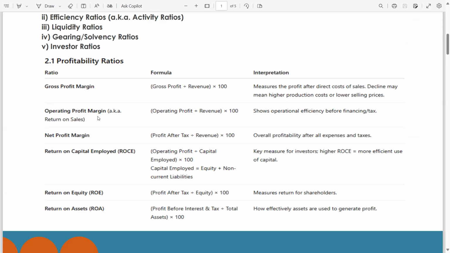Return on capital employed, ROCE: operating profit divided by capital employed. Okay guys, a few students may confuse reserves and capital employed, such as equity. Reserves and all these things are components of equity.